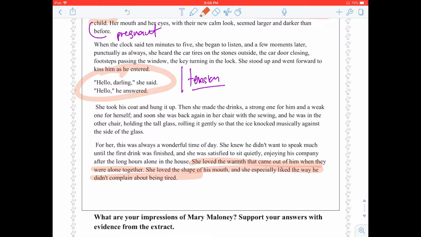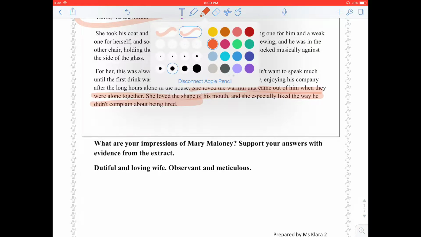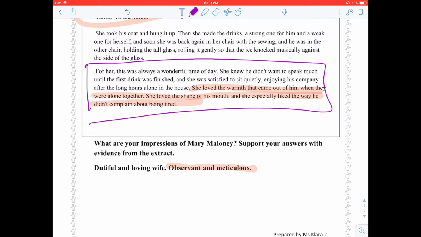Can we look at this question over here? What are your impressions of Mary Maloney? Over here we agree that she is a dutiful and loving wife, but also she's very observant and meticulous. I want you to think about this quality, that she's very observant and meticulous.